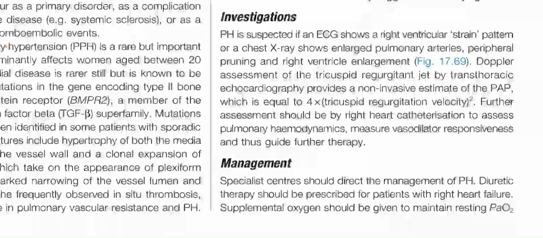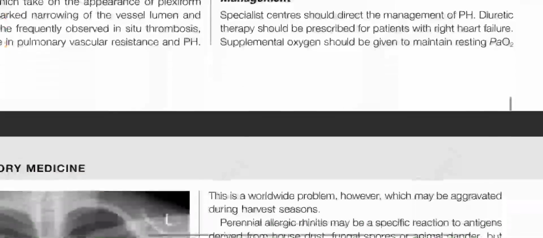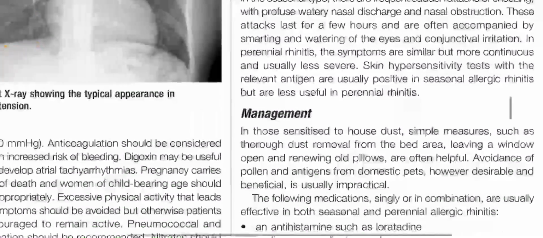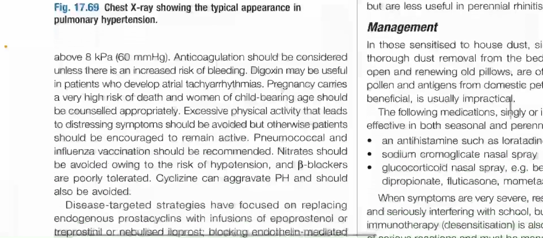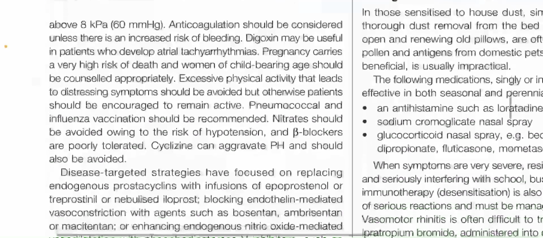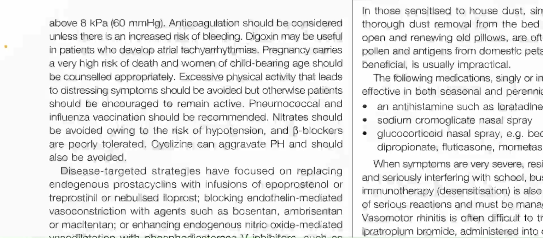Now, management. Specialist centers should direct the management of pulmonary hypertension. Diuretic therapy should be prescribed for patients with right heart failure. Supplemental oxygen should be given to maintain resting partial pressure of arterial oxygen above 8 kilopascal, that is 60 mmHg.